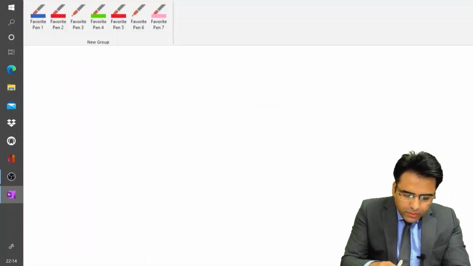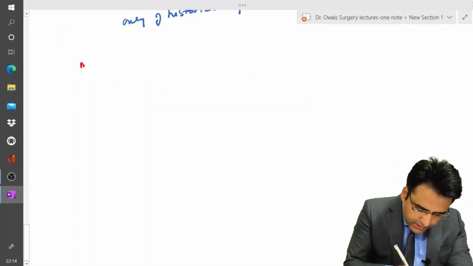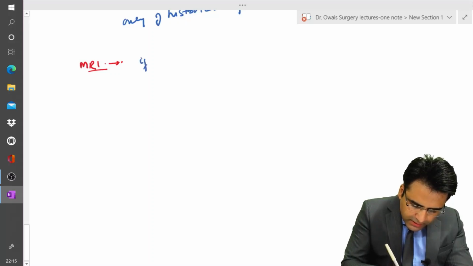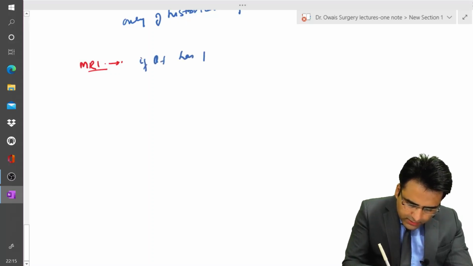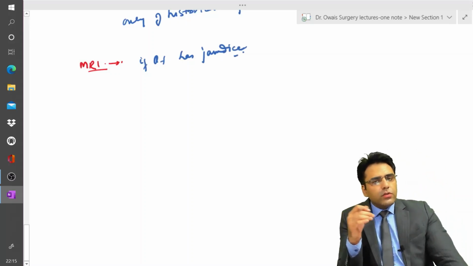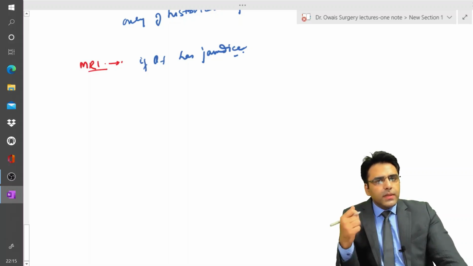Now another important modality which can be done is MRI. Now this MRI is done if the patient has jaundice. So if a patient has jaundice, we have to go for MRI, and in MRI we can find the relation of this hydatid cyst with the biliary tree.